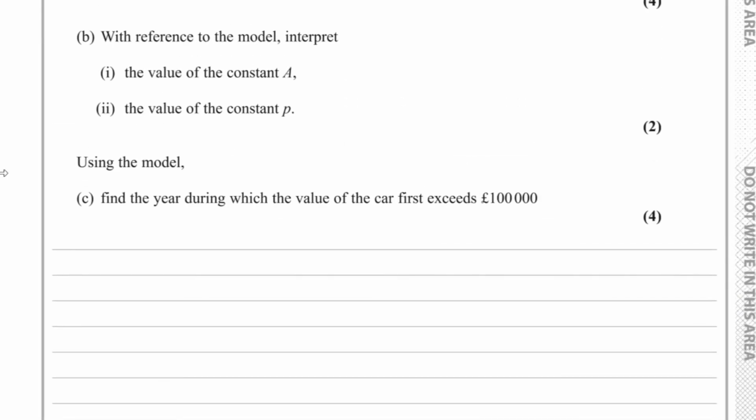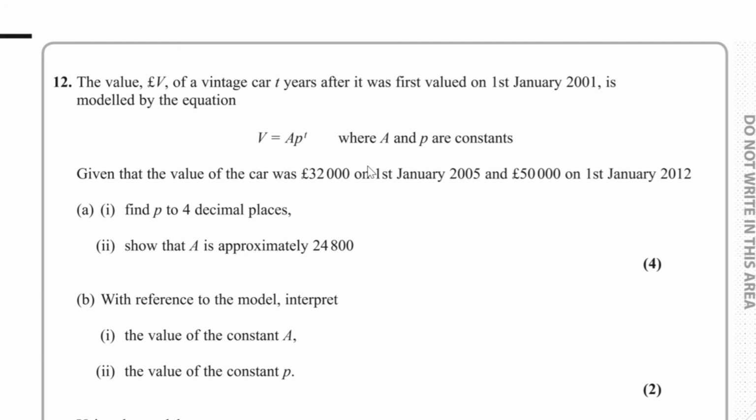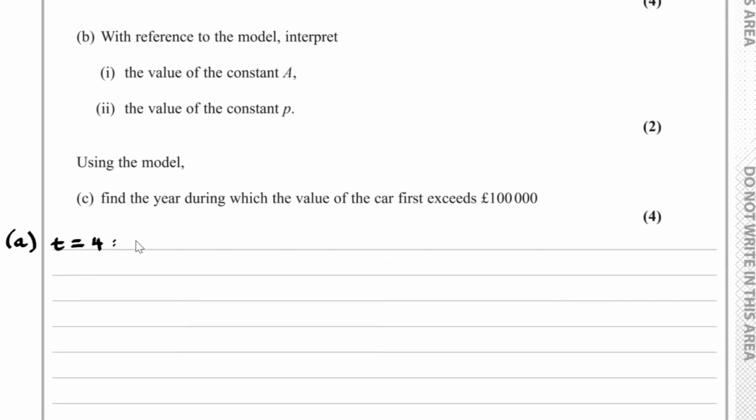So, for part A, when t equals 4, we have £32,000, and this is equal to a p to the power of 4, and we'll call this equation 1.